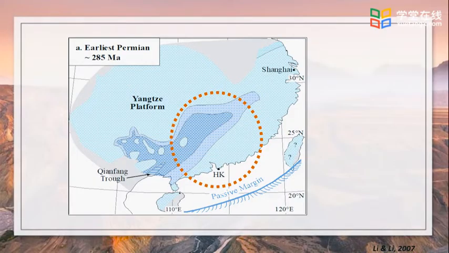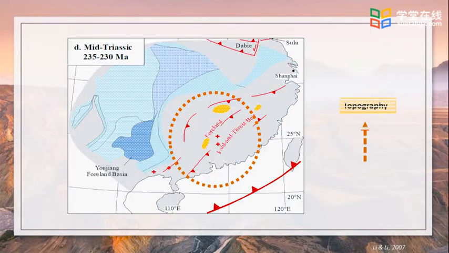This is the paleogeography reconstruction map of the South China area. We can see that during the earliest time of Permian, about 285 million years ago, this area received large-scale carbonate deposition. If we consider this topography level as the reference level, by Middle Triassic, about 230 million years ago, the whole area was uplifted, becoming an orogen instead.